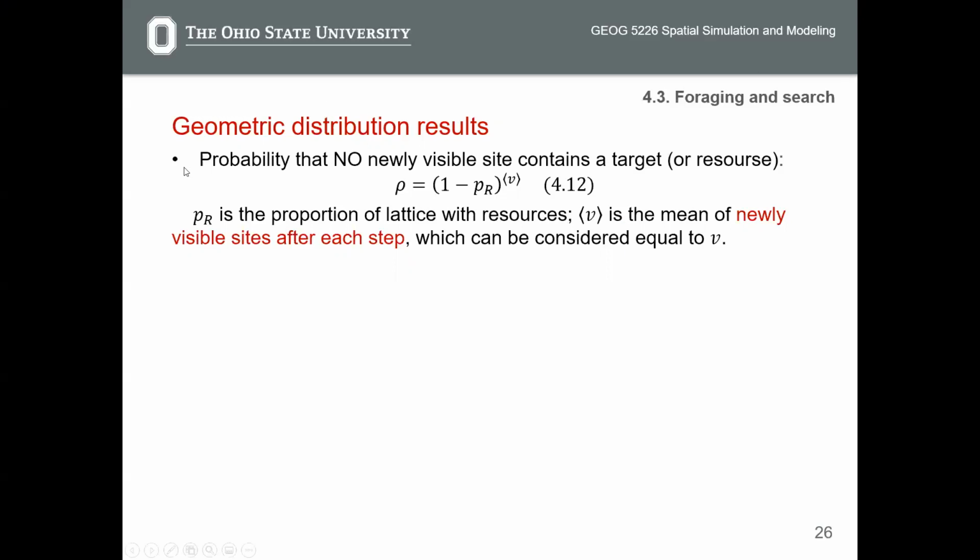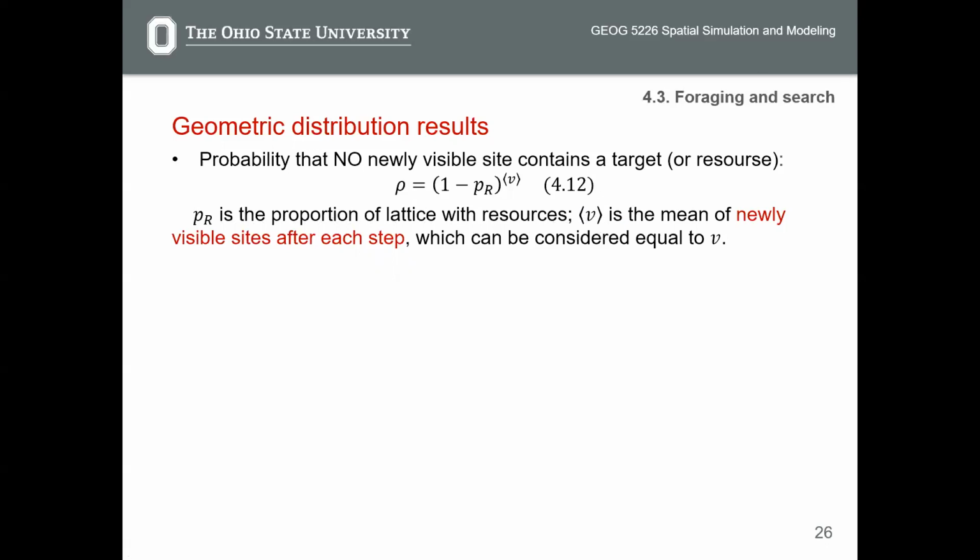So let's just define the probability that no newly visible set contains a target as rho. Rho is equal to the difference between 1 and PR to the power of the mean value of V. PR here is the proportion of lattice with resources. We defined this before, right? This pair of angle brackets means mean value.